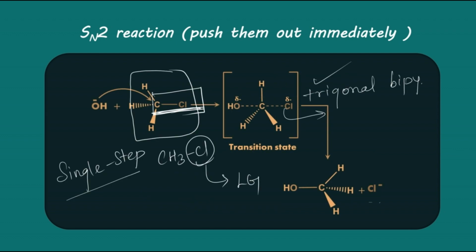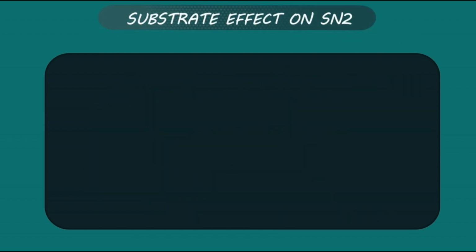Cool. The next thing we are going to see, that is substrate effect. In SN1, we told you formation of carbocation is there. So which carbocation is more stable? Tertiary. So that favors SN1. But in case of SN2, here there is no carbocation step. If I am having tertiary, that will lead to crowding. Right, so the backside attack, it won't allow.